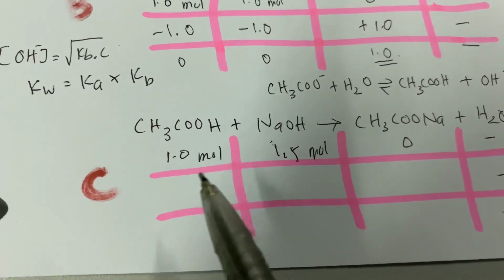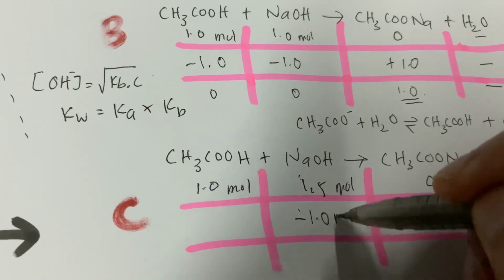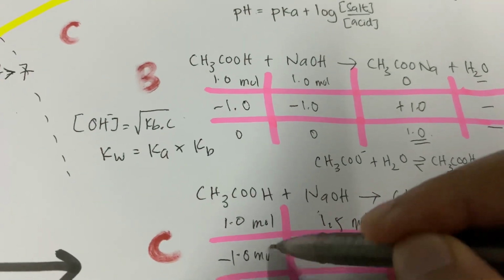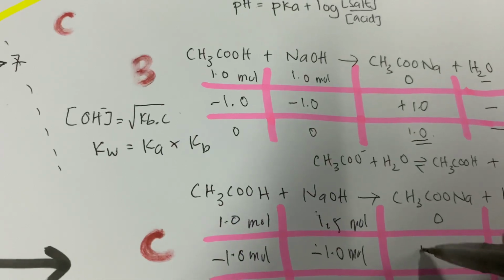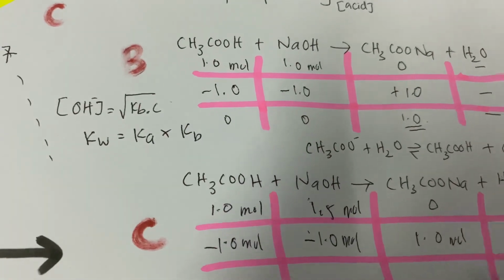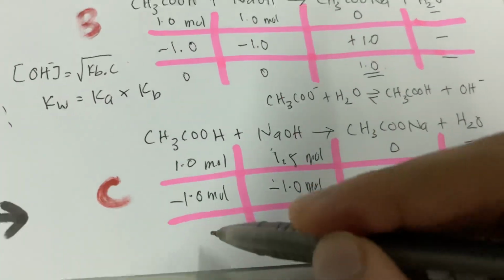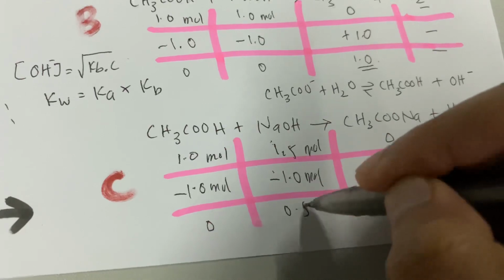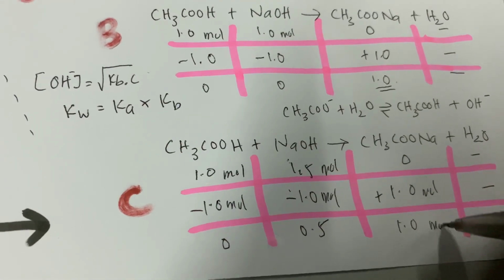Because this is only 1 mole, you can only minus 1 mole. Minus 1 mole, and then it will produce 1 mole also, plus. So when you minus all of this, you will get 0. This is 0.5 and this is 1 mole.